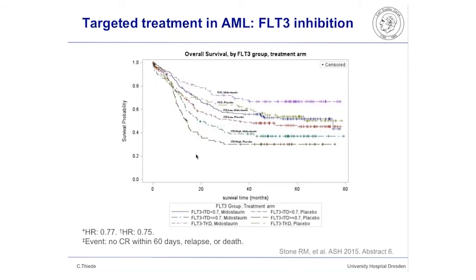Here you can see what happens when you use these drugs in patients. You can substantially improve outcome, as exemplified in the RATIFY study, a large international study where more than 3,000 patients with AML were typed for FLT3 ITD and TKD mutations and then randomized to receive either midostaurin or placebo.